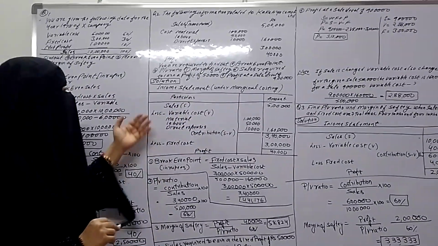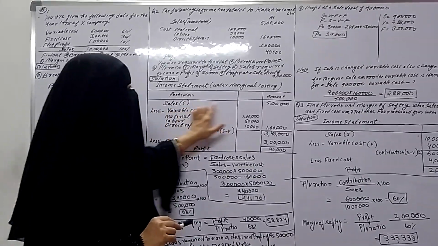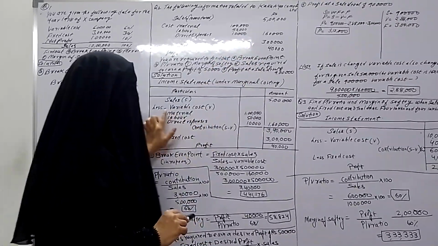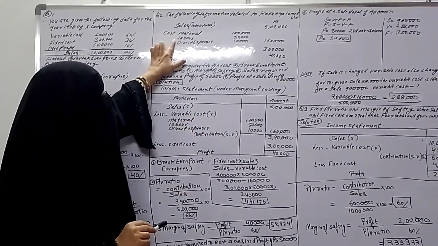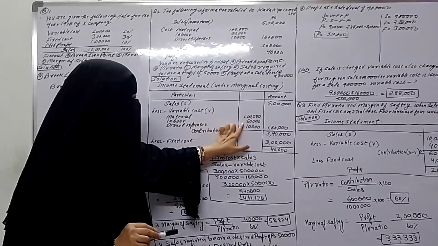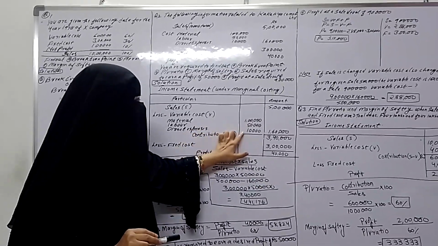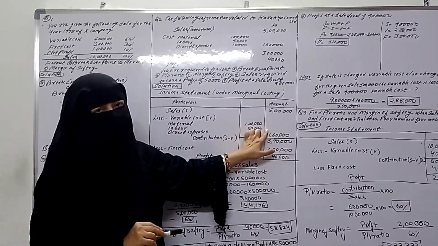Okay. So under income statement, first sales. Sales represent S, that is 5 lakh. Then less variable cost. Here variable cost is material, labor and direct expenses. So material 1 lakh, labor 50,000, direct expenses 10,000. Total is 1,60,000. This is the total variable cost.